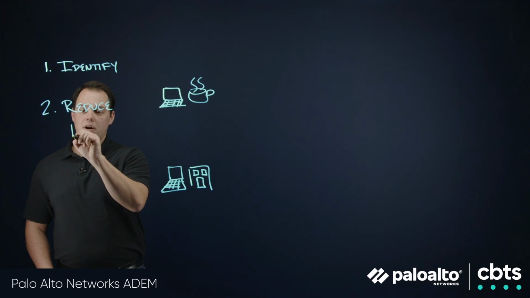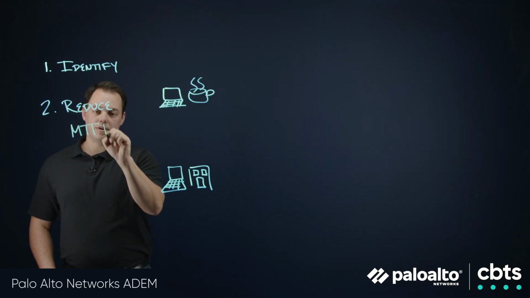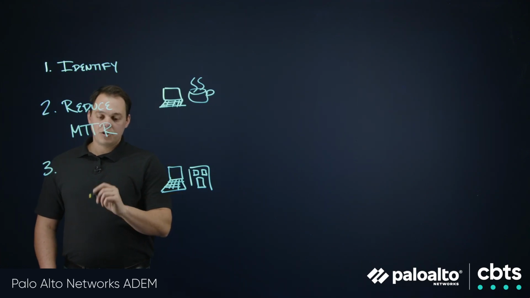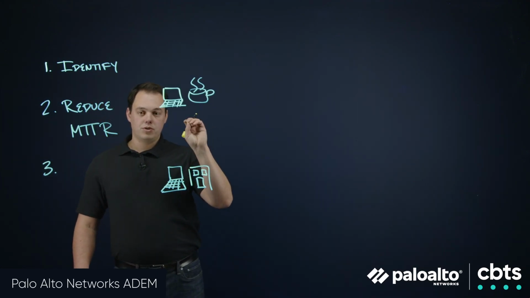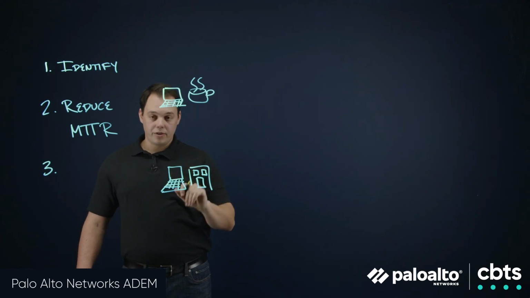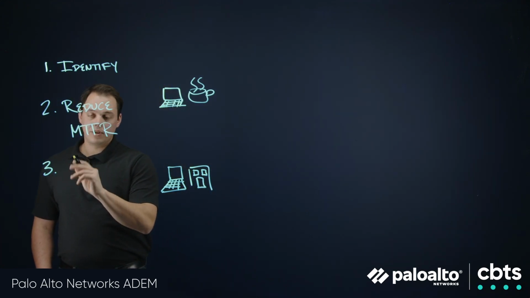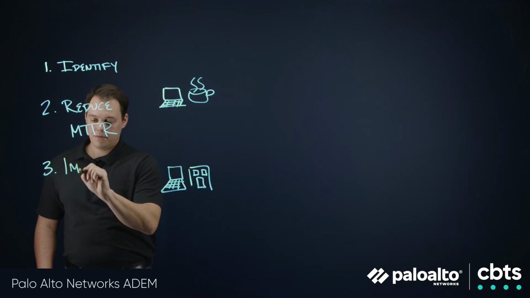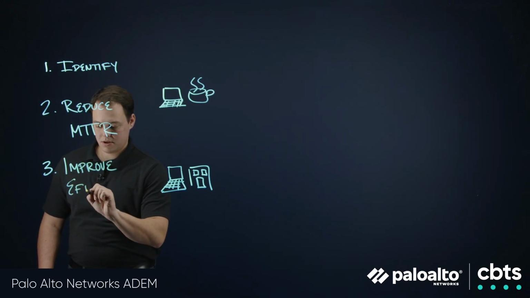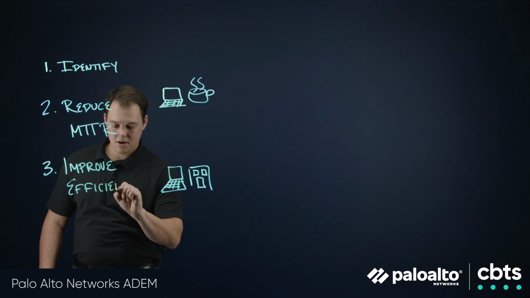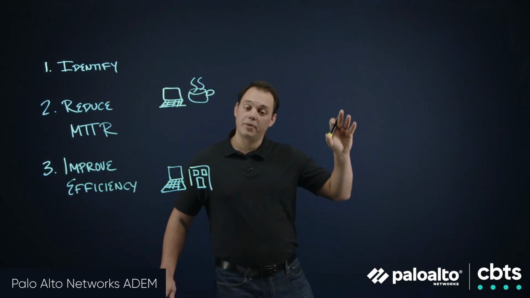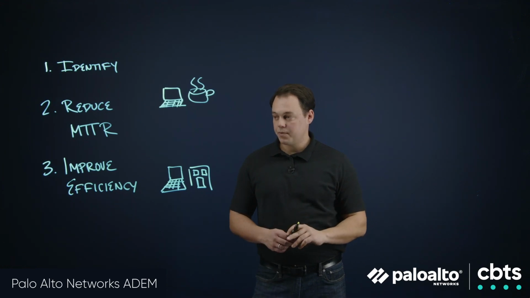And number three, how do we make sure that our users, whether they're at home, remote, or in the office, have improved work efficiency by making sure they can always effectively access the applications they need to accomplish their work?